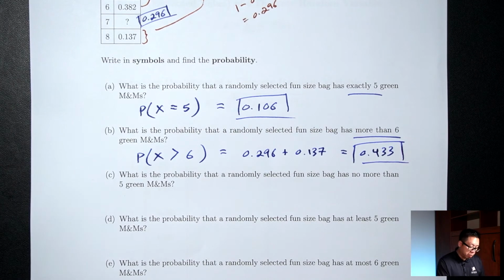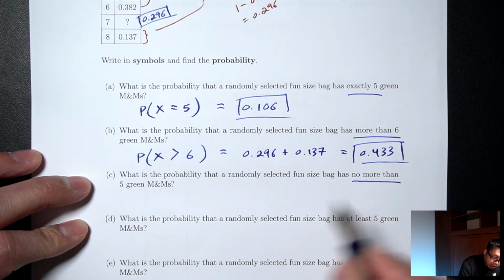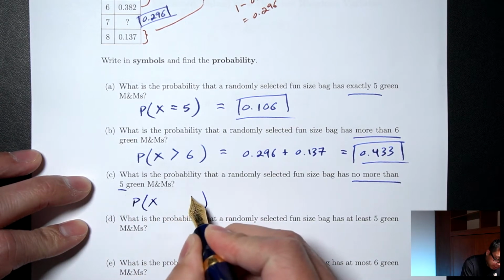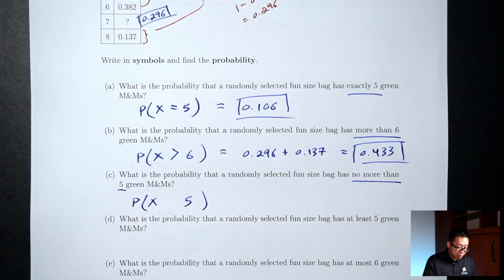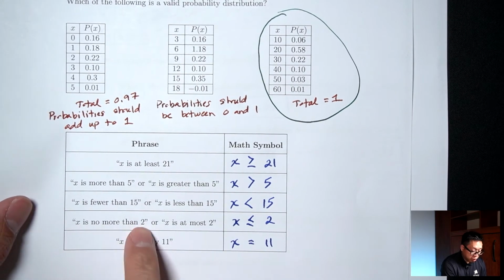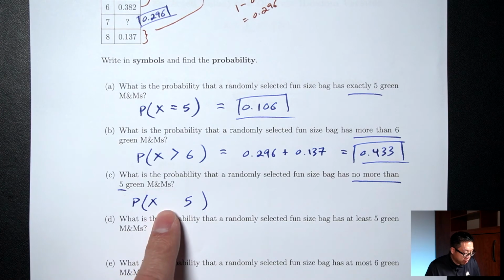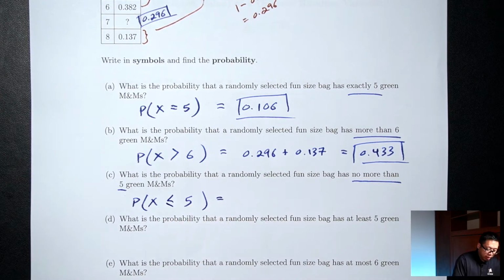Part C. What's the probability that a randomly selected fun-sized bag has no more than 5? No more than 5. What symbol goes there? And if you don't remember, go back to that first page. No more than 2 is x less than or equal to 2, which means no more than 5 is x less than or equal to 5. Which x's are less than or equal to 5?